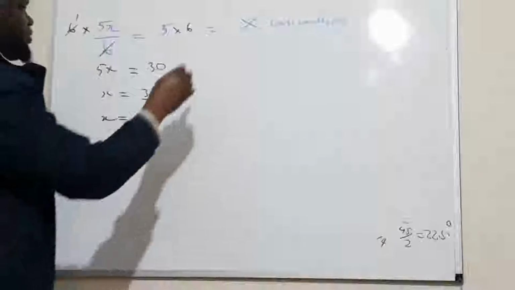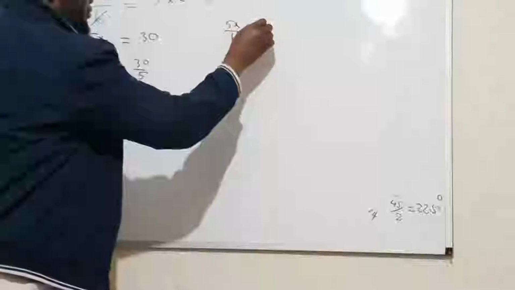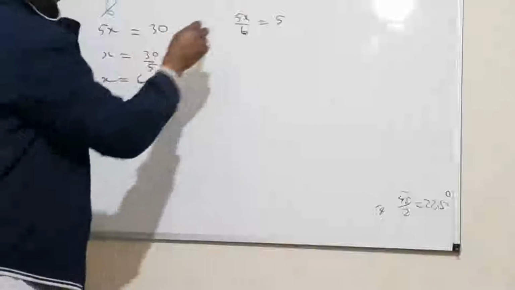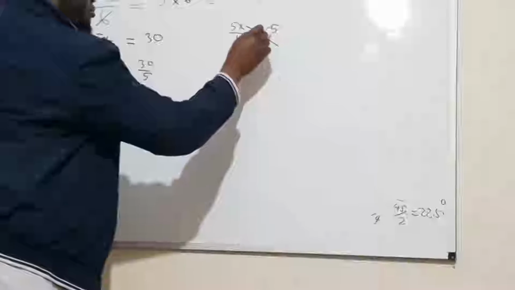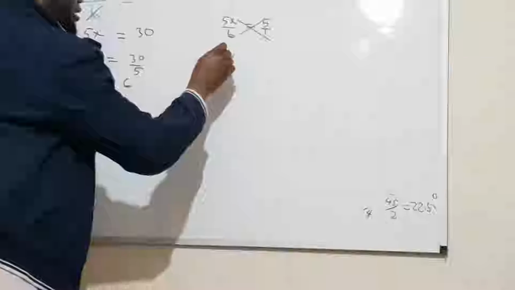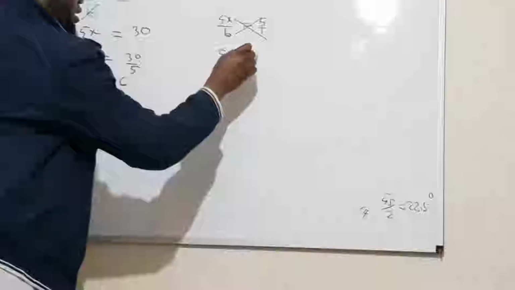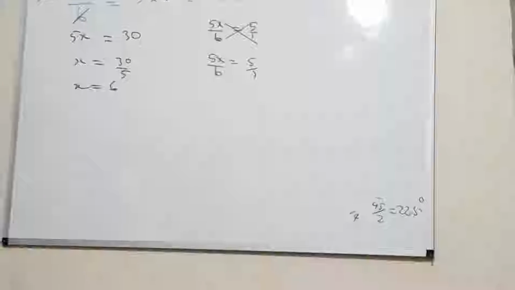Now let's see here. 5x over 6 is equal to 5. Now, in cross multiplication, we multiply that by that, and that by that. But we have to put over 1 here, so 5x over 6 is equal to 5 over 1. 5 over 1 is the same thing as 5; it does not change anything.